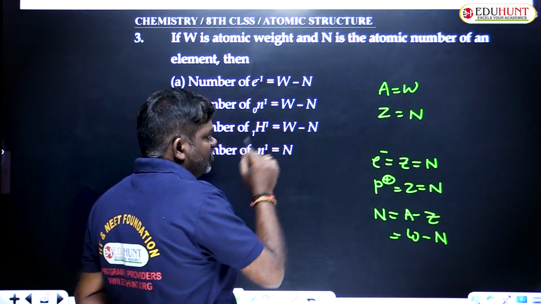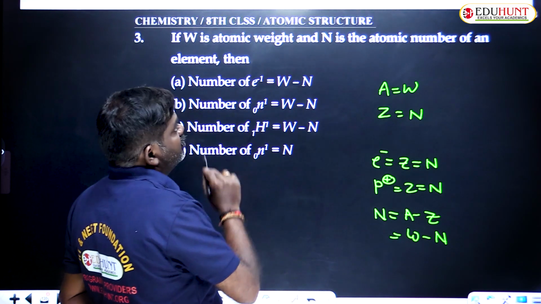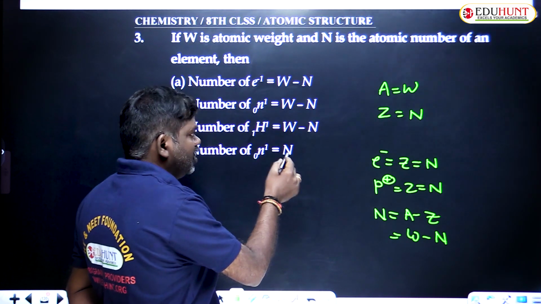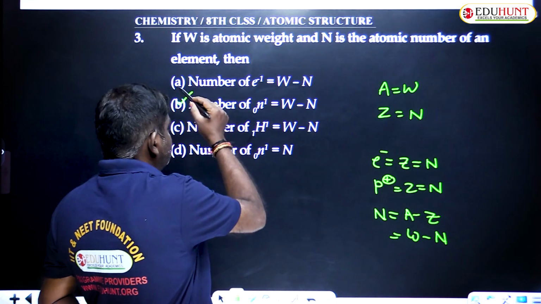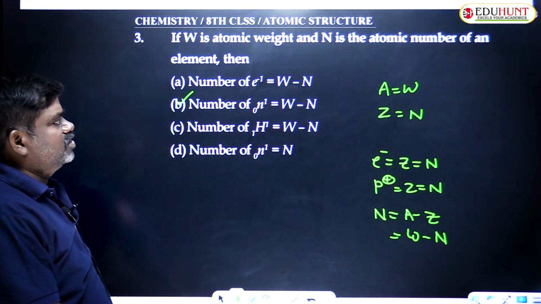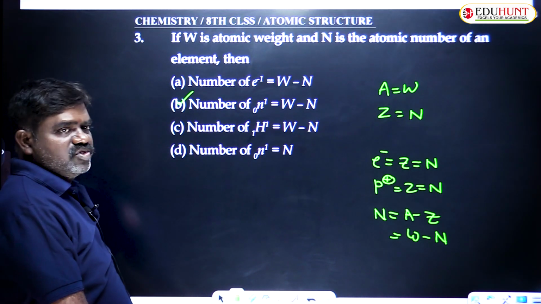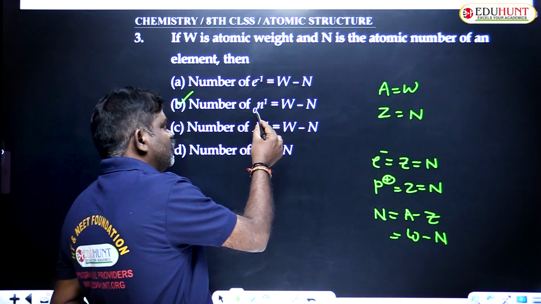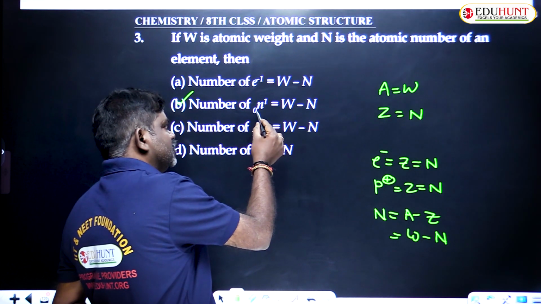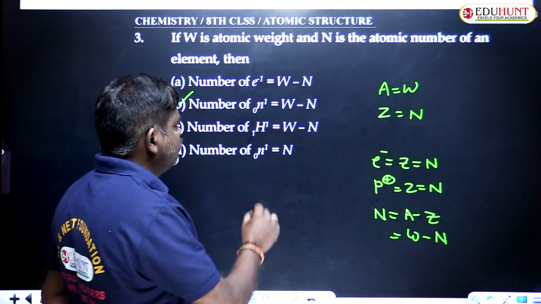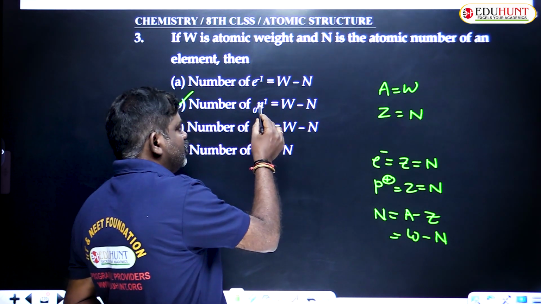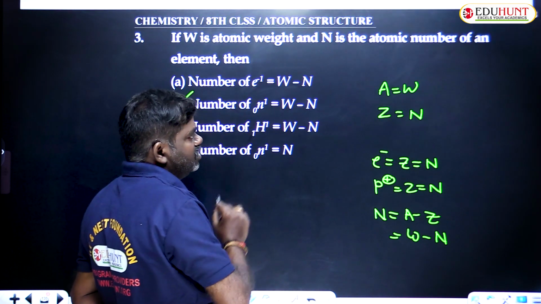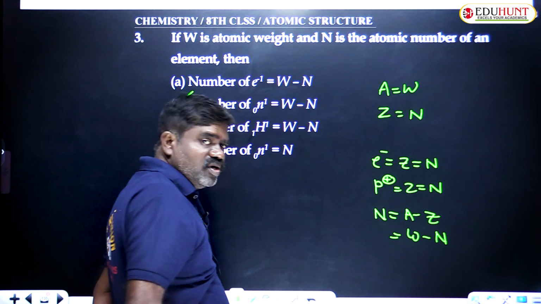So W minus N means mass number minus atomic number of the element. The option giving only the atomic number is wrong, and the answer is that the number of neutrons is W minus N. The neutron is always represented with 0 and 1, because its charge is 0 and its mass is 1. So the number of neutrons is W minus N.